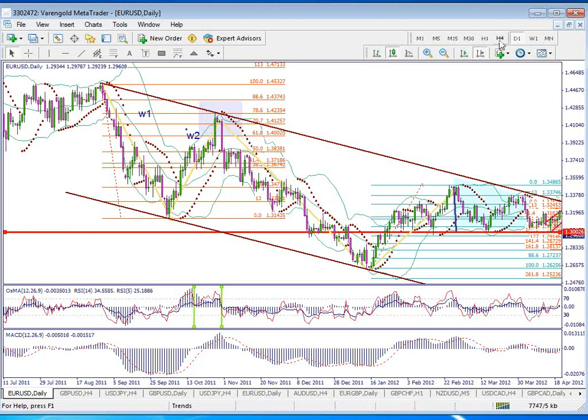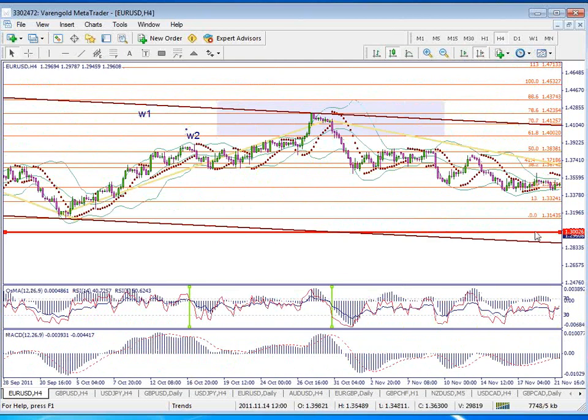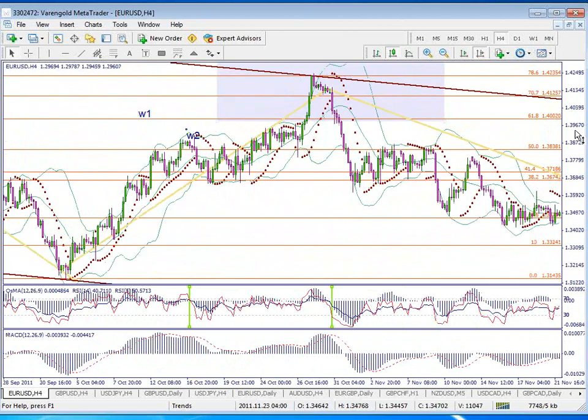I want to show you how it's happening on a smaller time frame. So on 4 hour, I had the signal before. That was the 4 signals on daily here. This one was the signal on daily.